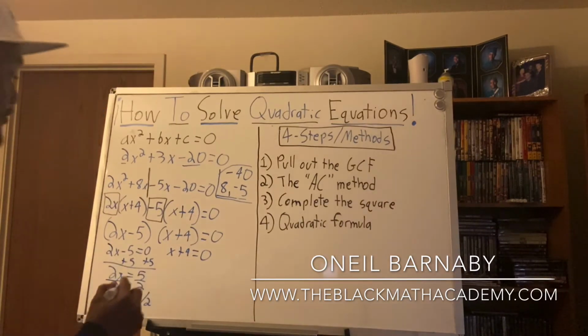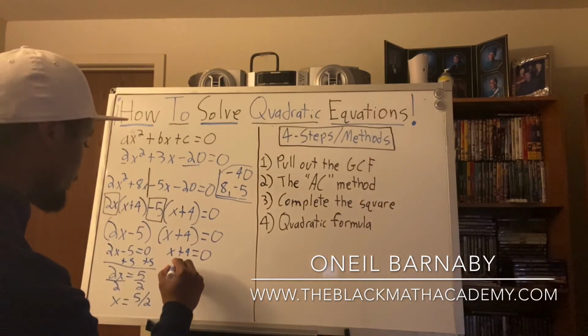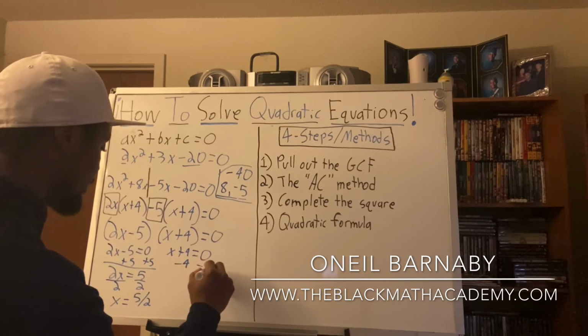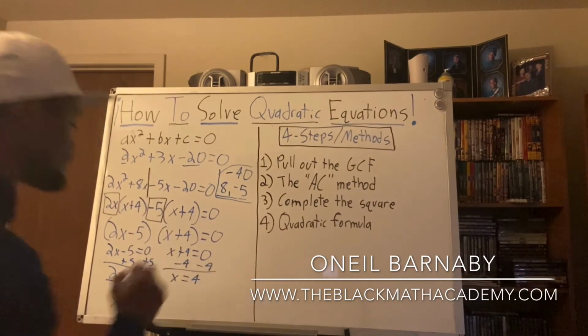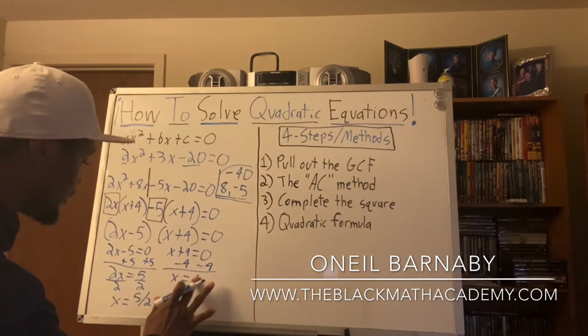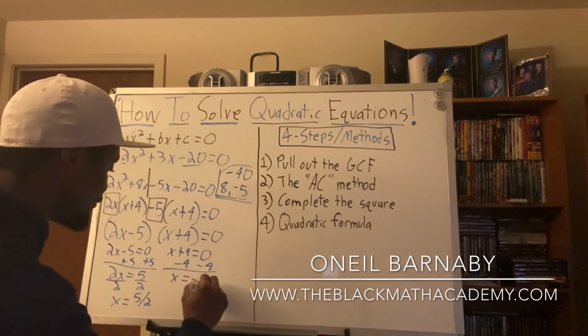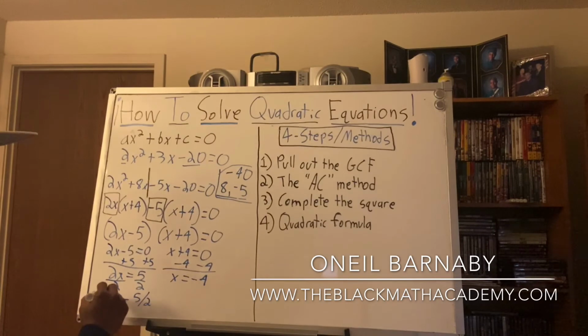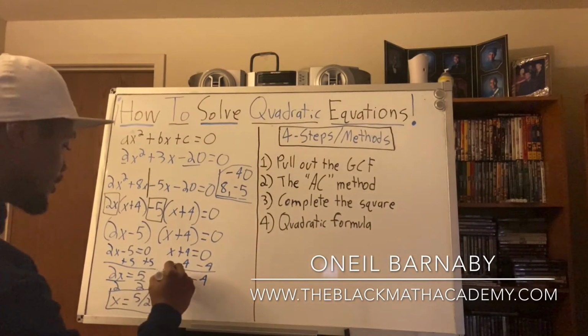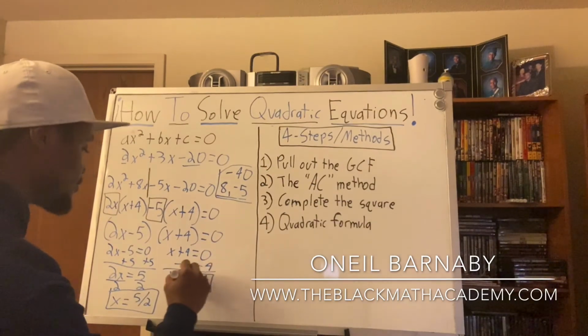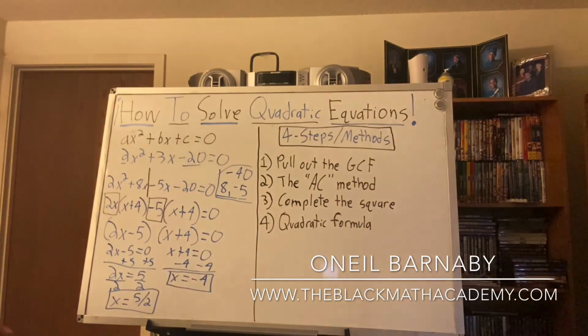For the other one, solve that algebraically. First, you would subtract 4 from both sides. You get x equals negative 4. So one solution is x is equal to 5 over 2, and the other solution is x is equal to negative 4.